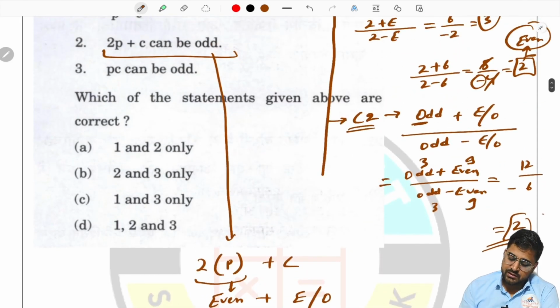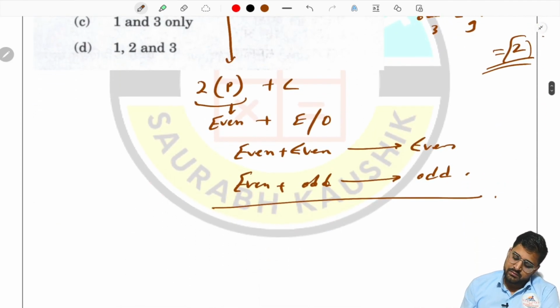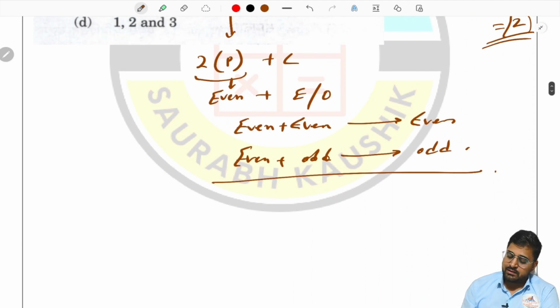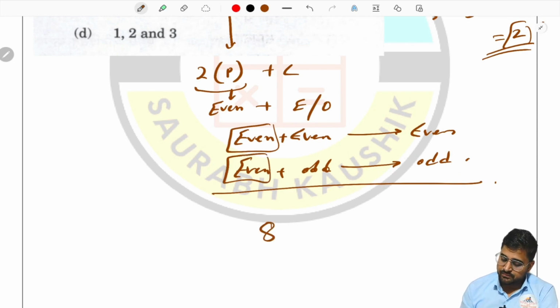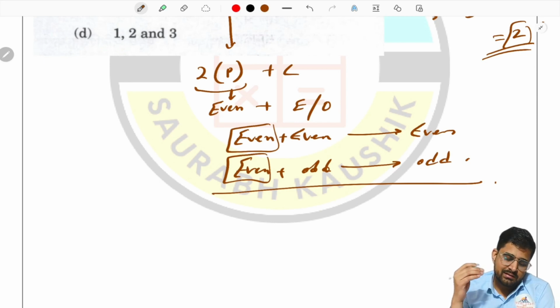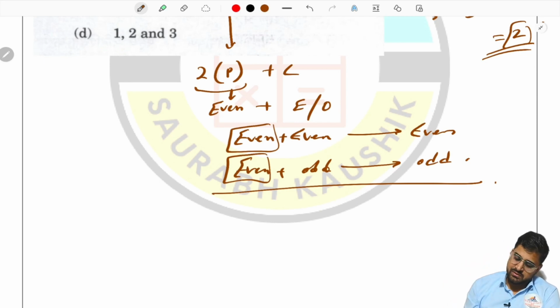So this situation is also correct. For your understanding, for example, whatever the number is, let us take 8 here. Let us go in depth. For example, there is a prime number, say 7.